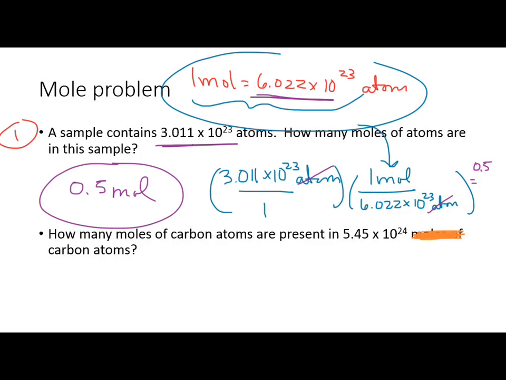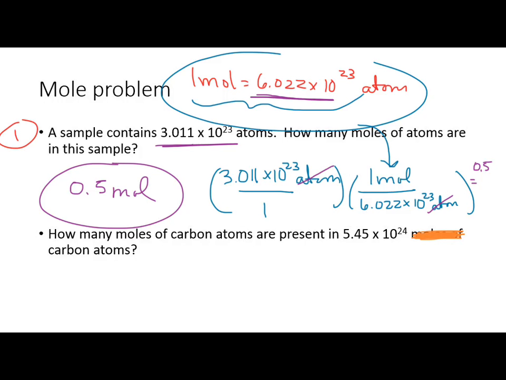So does it sound like it should be more than a mole? Because 10 to the 24th is more than 10 to the 23rd. I'm just eyeballing it at this point. Seems like it should be more than a mole to me. So if you're stuck and wondering how to work this problem, just divide numbers so you get a number that's more than 1. But I'm going to show you again, I'm going to use this pattern up in blue.